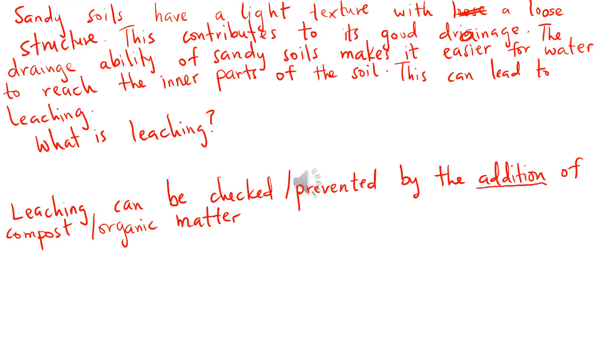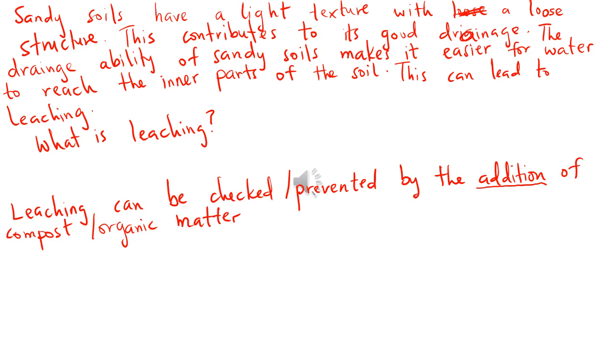Leaching is the movement of water soluble plant nutrients. And please write this.